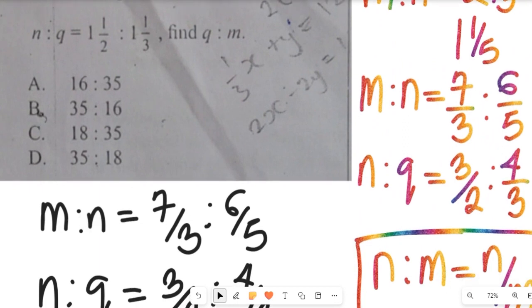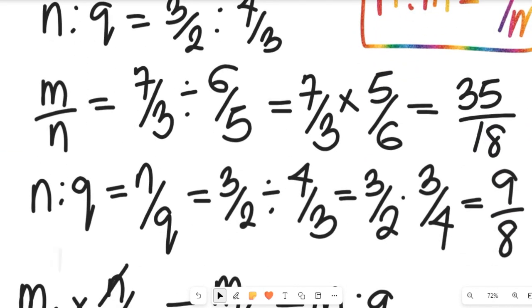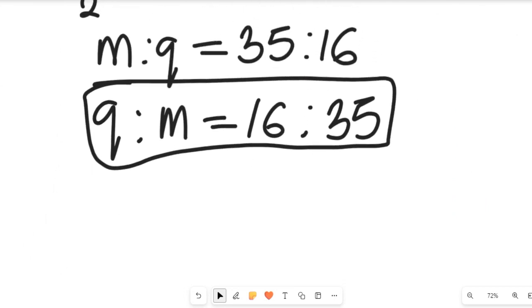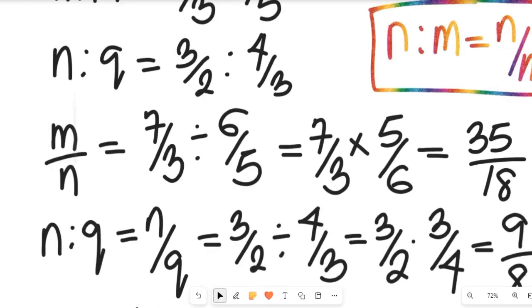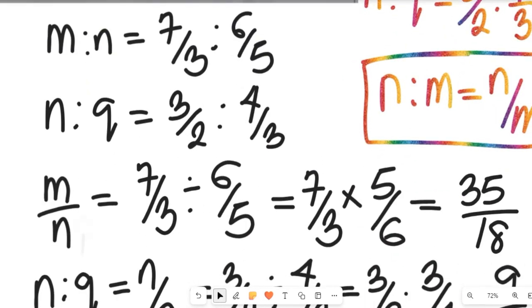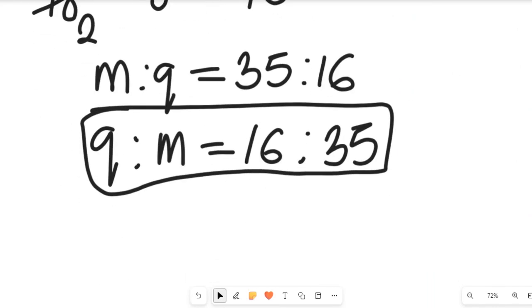So the solution to that question is 16 ratio 35. You see that in the options you still have 35 ratio 16, but the correct option is 16 ratio 35, and that is option A. So the solution is option A.